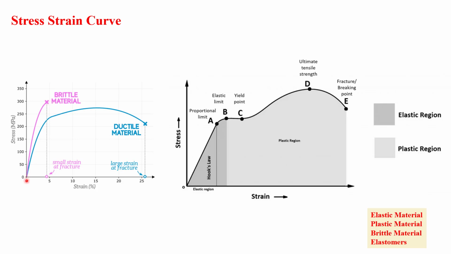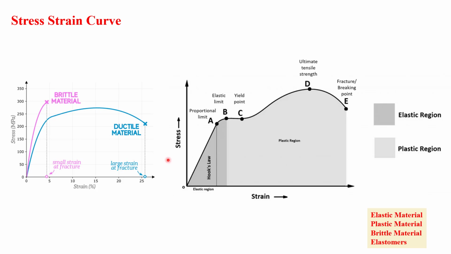When we have the ductile material, this is how it goes. This is a large strain, it happens and then breaks. We had done the UTM machine testing during the final year of mechanical engineering.